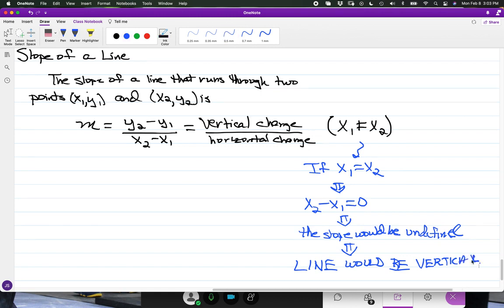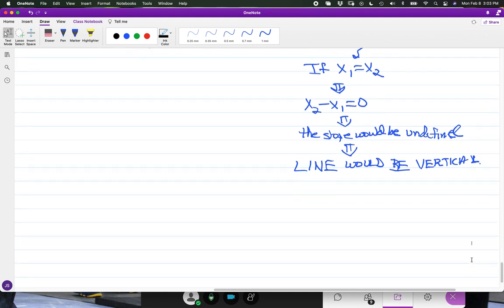Now let's say a case where you're going to have a defined slope.